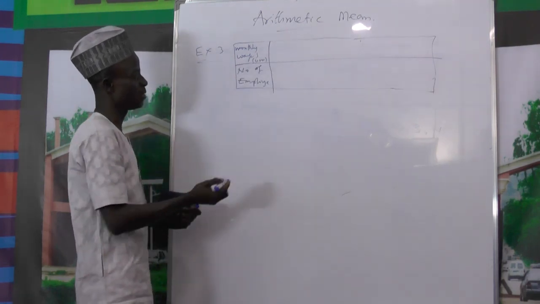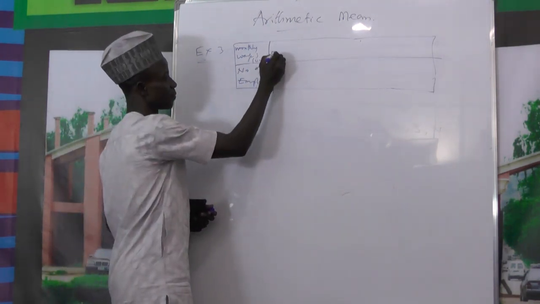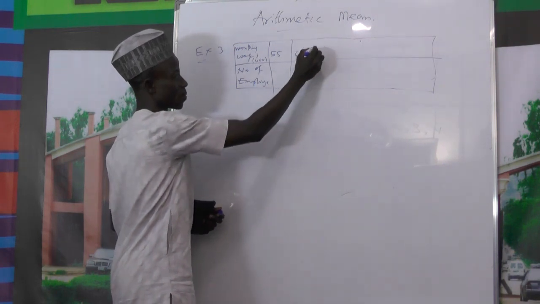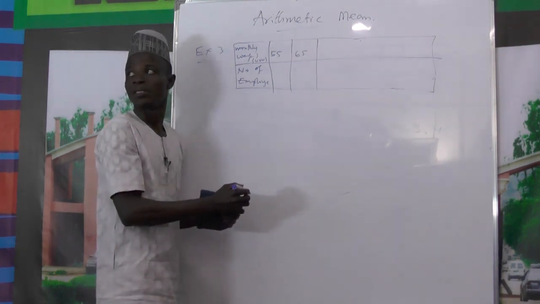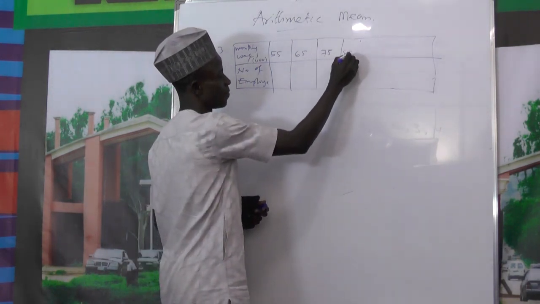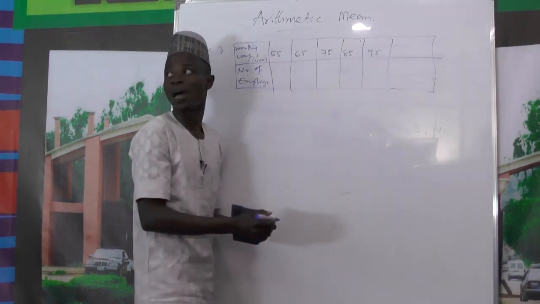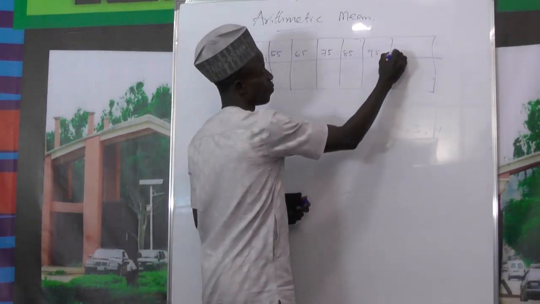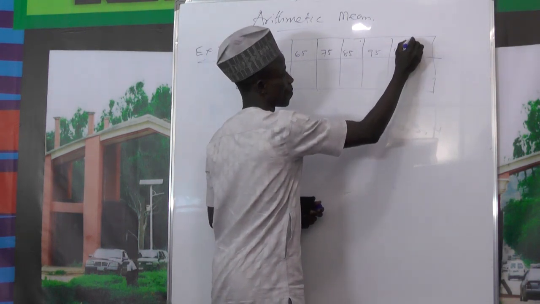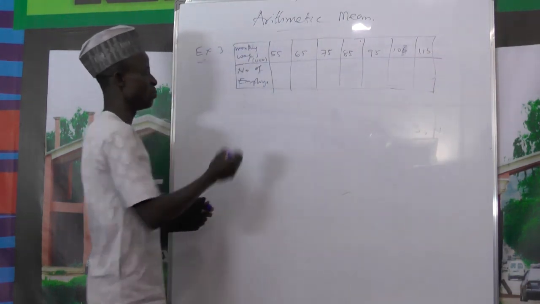Under the first one, we have 55, 65, 75, 85, 95, and 105, then we have 115. So that is the monthly wages.